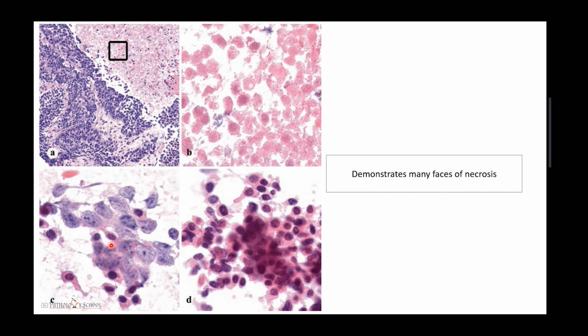But in these images, C and D, the cells are in an early necrotic stage, so we might misinterpret it as lymphoma or something else. Studying sections from necrotic regions might cause interpretative errors, so we should try to avoid taking sections from necrotic regions.